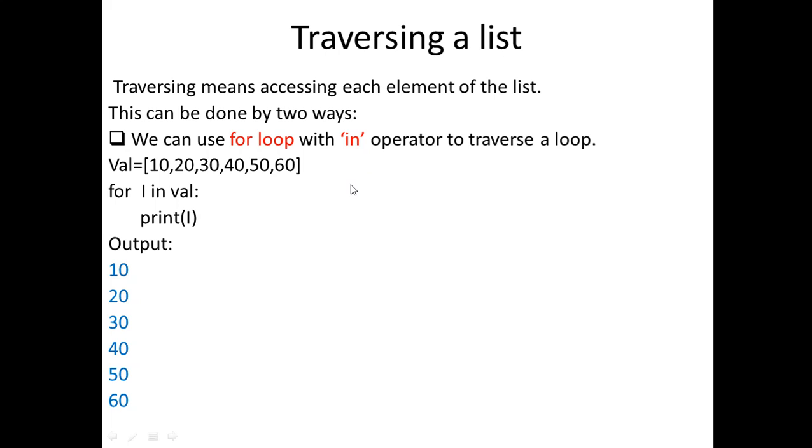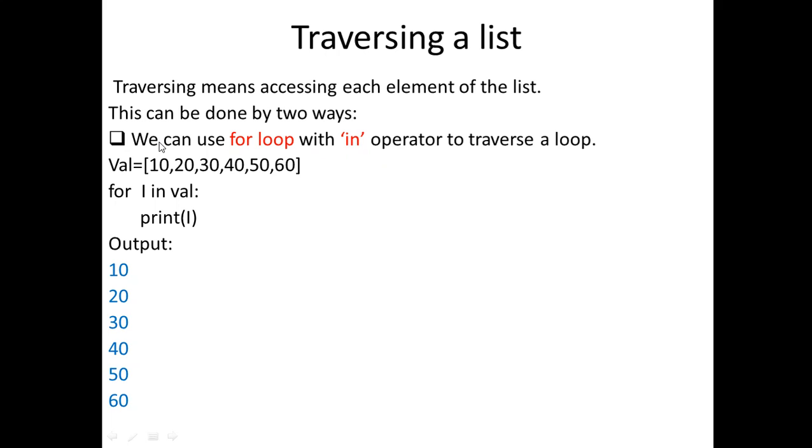But if a list has 100 elements and you want to access all 100 at one time, how will it be done? This can be done in two ways. Either you use the for loop with the in operator, which you have already learned, or the second way, using the range function with the for loop.